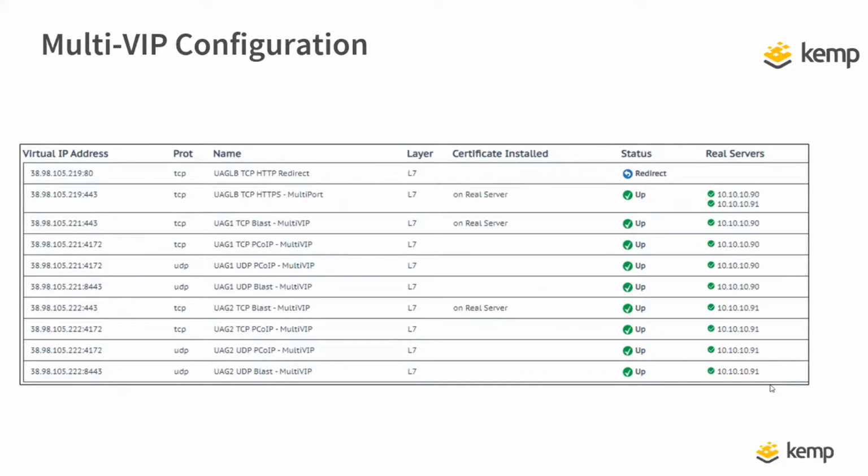So again, more complicated, probably about the same complexity in terms of configuration as the multi-port. But instead of doing multi-port, we're doing multiple public IP addresses, multiple VIPs, virtual IP addresses for this configuration.